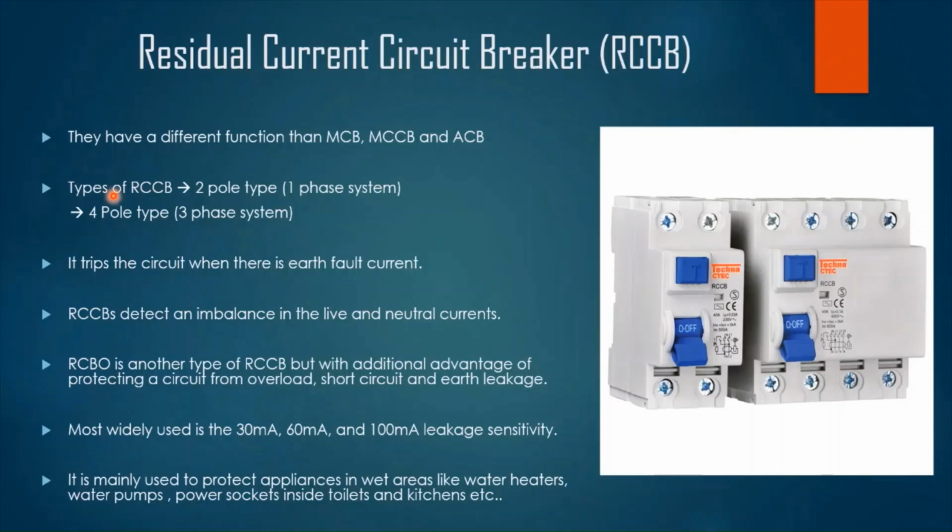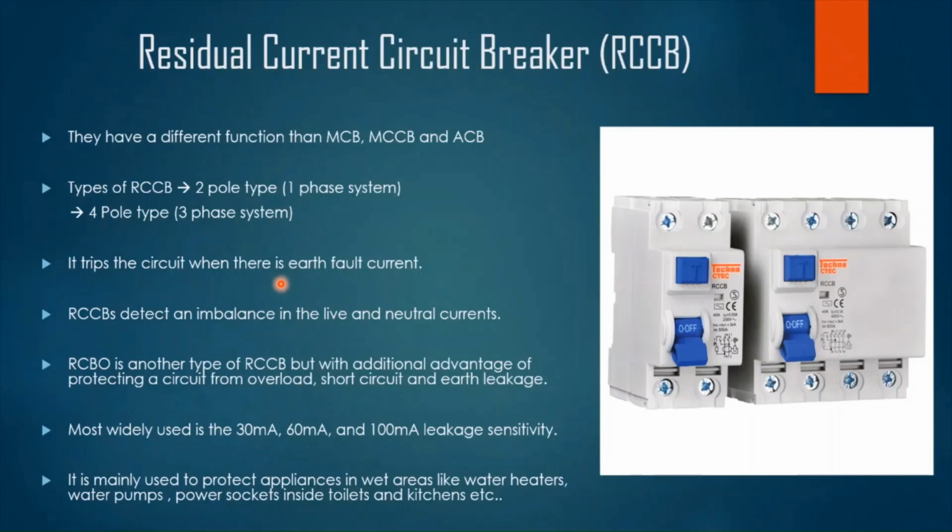Types of RCCB: the two-pole type, which protects single-phase loads, and the four-pole type, which protects three-phase loads. This picture shows the two different types of RCCB. The first is the two-pole type and the second is the four-pole type used to protect a three-phase system.